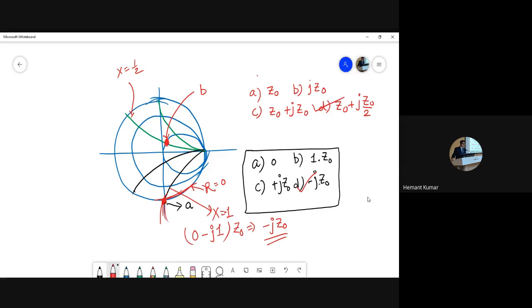Let me correct this value. So what is R plus jX? R we know the value, X we know the value, so we can calculate. You can also calculate other things like VSWR from this Smith chart, but we would need to go into detail. For simplification, I'm just telling you these are the constant R circles, these are the constant X circles.